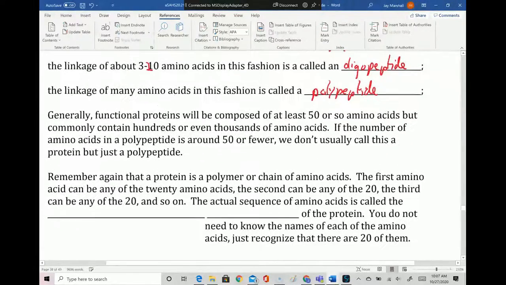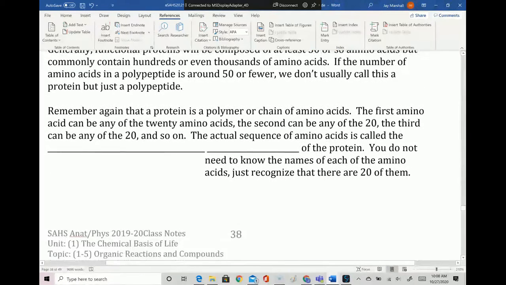Generally, functional proteins will be composed of at least 50 or so amino acids, but usually contain hundreds or even thousands. So if it's anywhere from about 20 to 50 amino acids, we'll call it a polypeptide. But if I have more than 50 or so amino acids, we'll call it a protein. Okay? So that's our terminology.